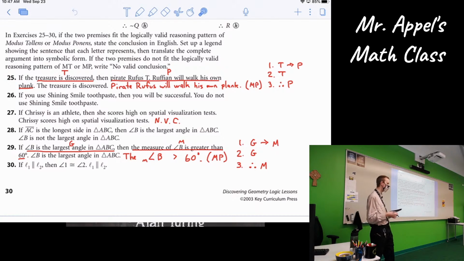We'll cover that shorthand later. But the measure of angle B, however you write it, is greater than 60 degrees. That's just modus ponens. And you could reduce that argument to this guy right here. You don't need to know anything about the actual geometry involved. Just follow the structure.